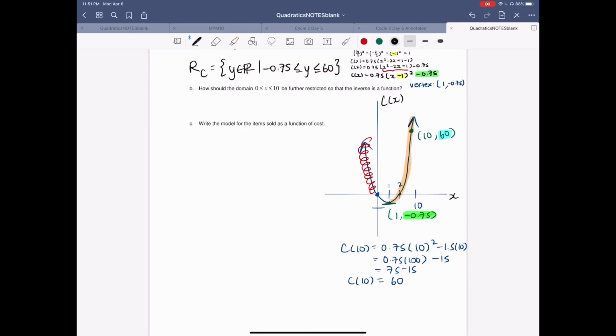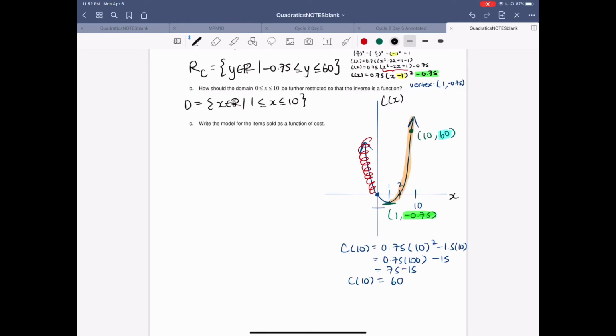And so my domain is going to be x elements are real such that, I'm not going to include the values from 0 to 1 because that's going to make the inverse not a function. So 1 to 10 are the values I want for the domain.